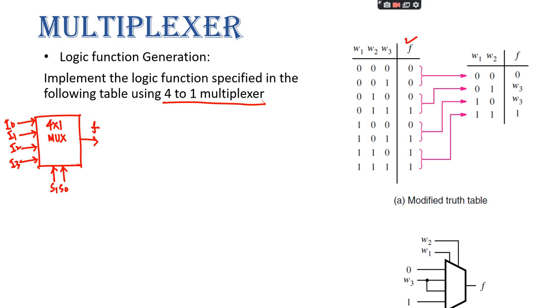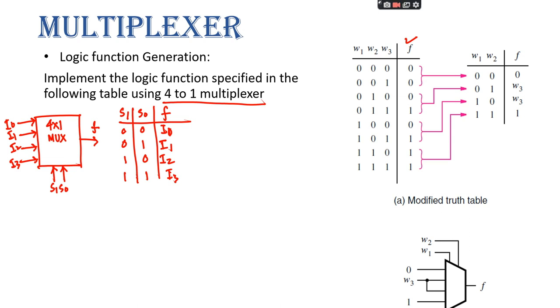So now what is the truth table for a 4 into 1 multiplexer? Your control inputs are S1, S0 and the output is F. For 0 0 it should be I0, for 0 1 it should be I1, for 1 0 it should be I2, and for 1 1 it should be I3, right? Yes, sir.